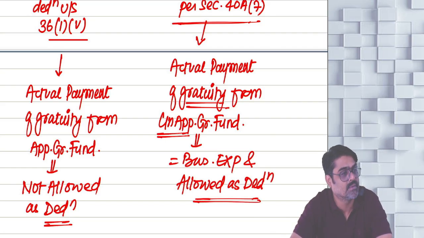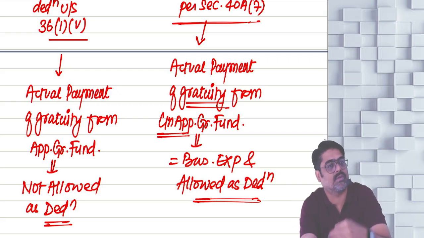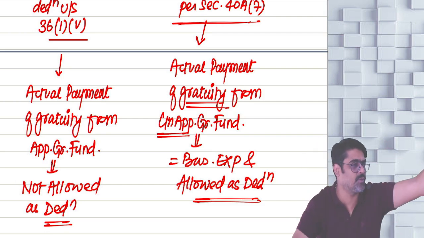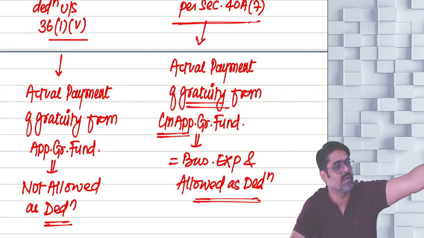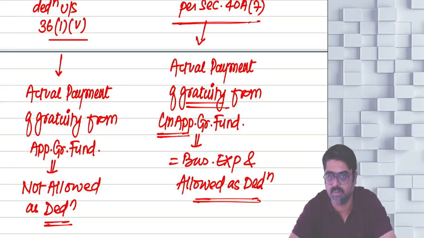Understanding? So first, the contribution is made, that contribution is not allowed as a deduction. Out of that contribution in the future, if you are paying the gratuity, that gratuity we are going to allow you as a deduction, as your business expense.